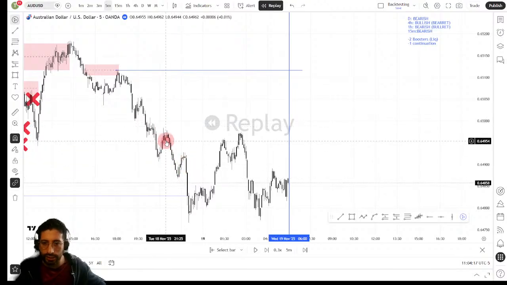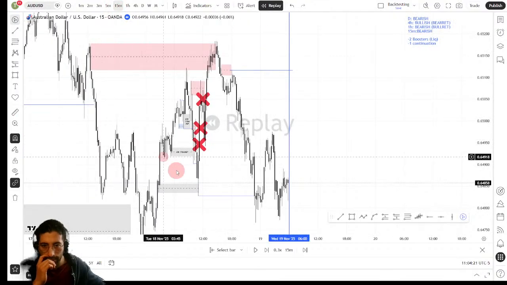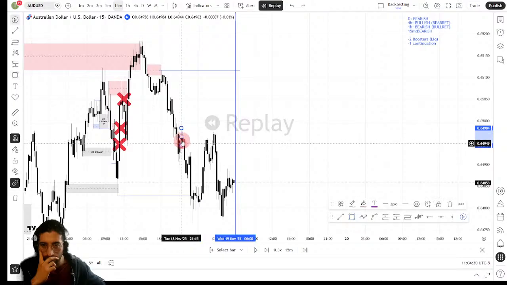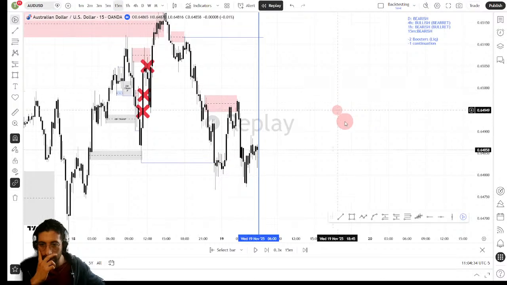Here we have a decisional order block. Let me see one thing here. In 5 minutes, 15 minutes, it has confluence with this. So this is a decisional in 15 minutes as well.